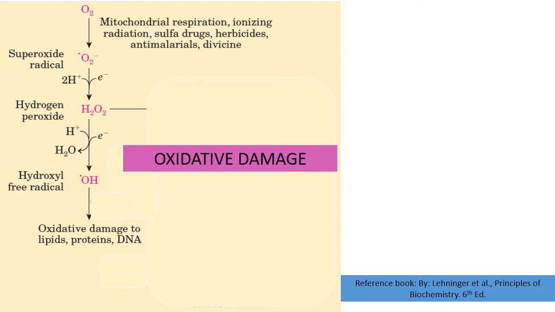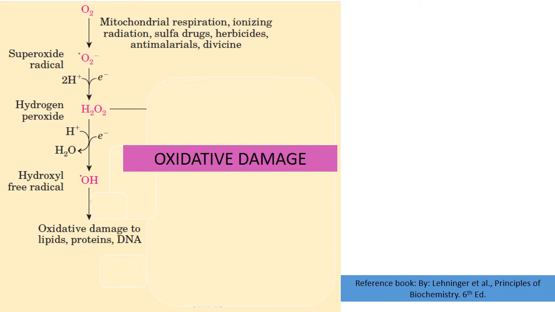So either due to mitochondrial respiration or other drugs, this oxygen is converted into superoxide radical, and it takes an electron and then is converted into hydrogen peroxide, which has a very damaging effect. This is an oxidizing agent, and when it takes another electron, it is converted into free radical, hydroxyl free radical. So it causes oxidative damage to lipid, proteins, and DNA.